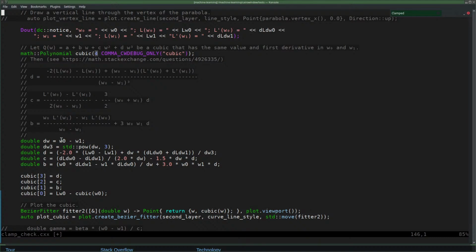Delta W is W0 minus W1, and then that to the third power. God knows, maybe it makes a difference.